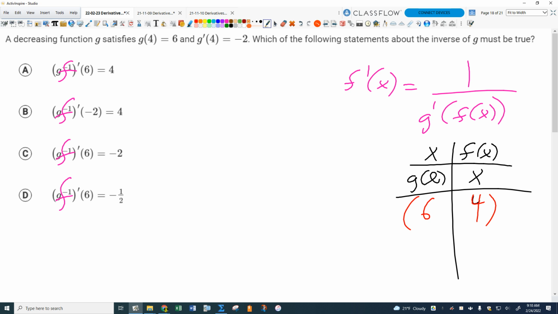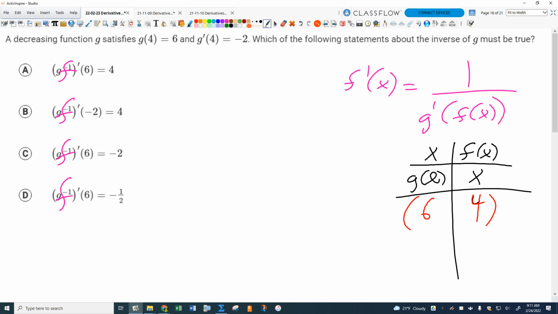Did I do that backward? No, I did it right. Well, I think I did do that backwards. No, I didn't. I'm fine. Right, f prime of 6, because we're inputting 6 into f and we're outputting 4, right? We want f prime of 6.